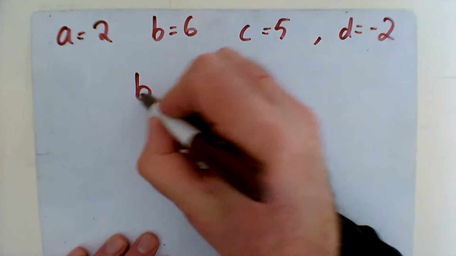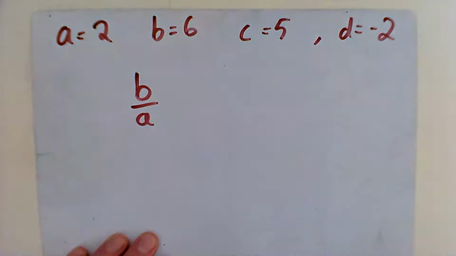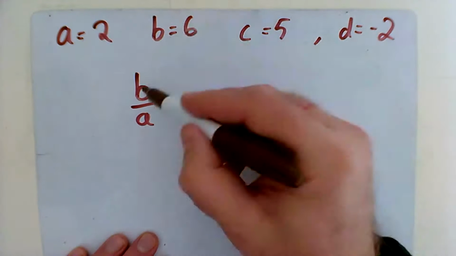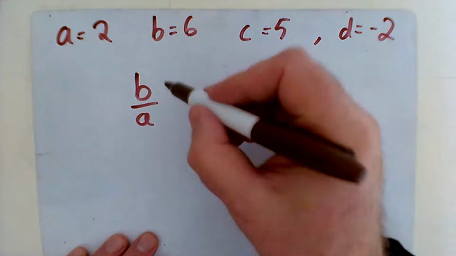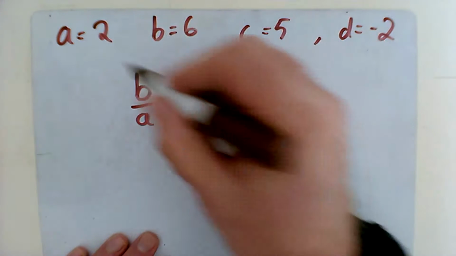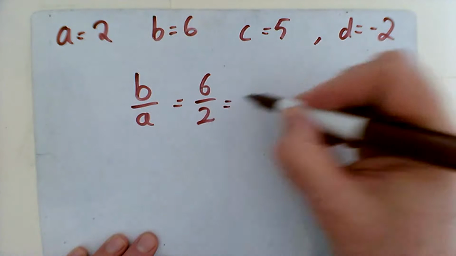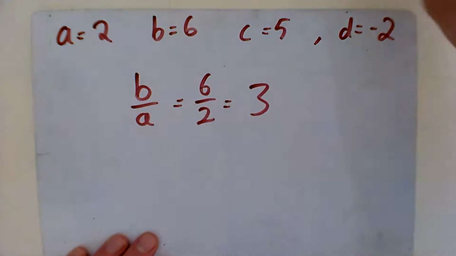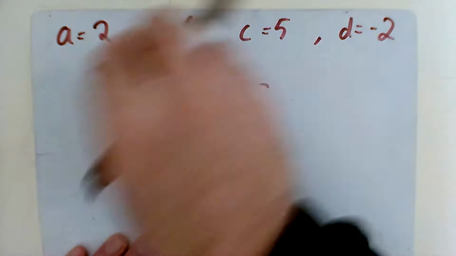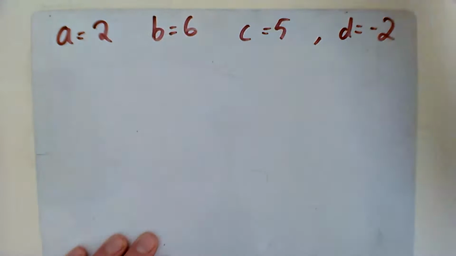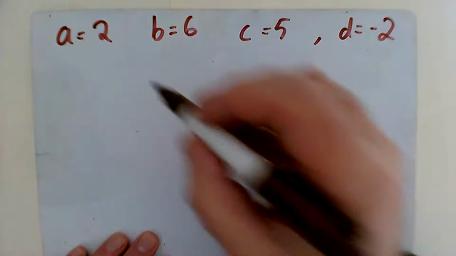Okay. What about b over a? Now again, we're just substituting the letters for their values. So b is equal to 6, a is equal to 2, 6 divided by 2, how many 2s in 6? The answer is 3. So we're substituting the letters for their values.